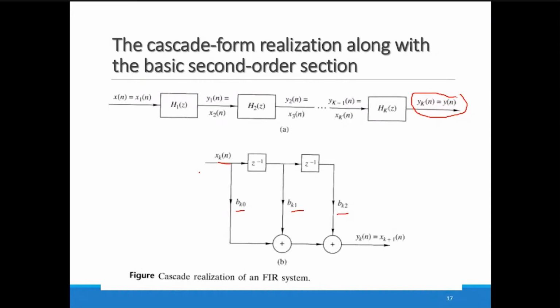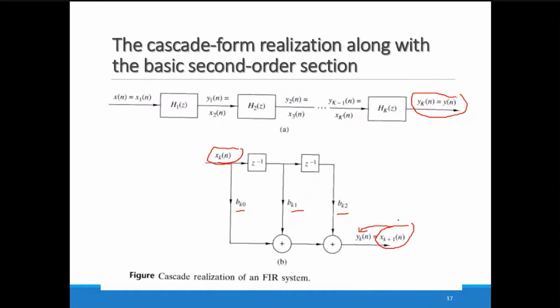Whatever equation is given, you have to divide it in such a way that you get second order sections, and implement each section separately. First you apply x(n) to the second order section. It will give you xk plus 1, which is the same as yk. Then you apply yk plus 1 as an input and get the output, which is xk plus 2.